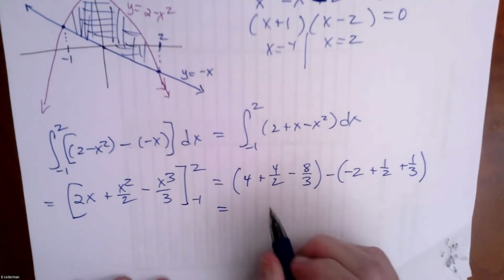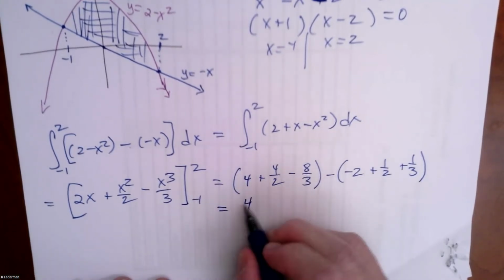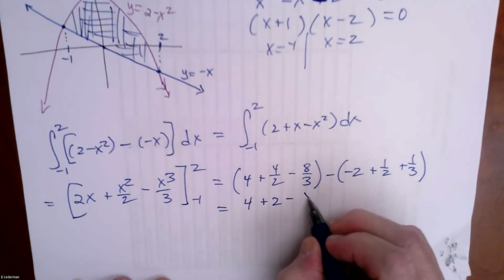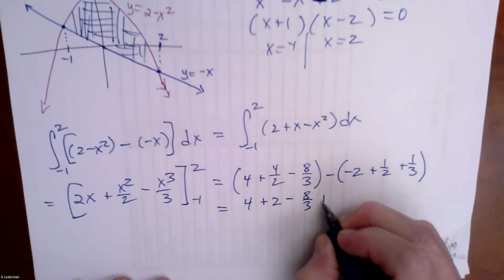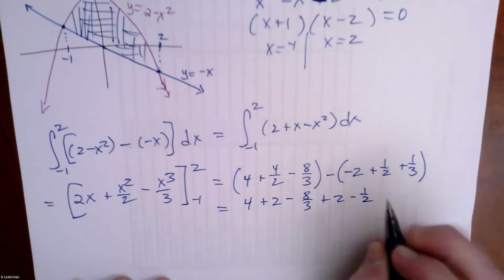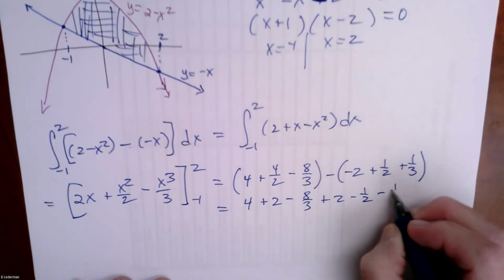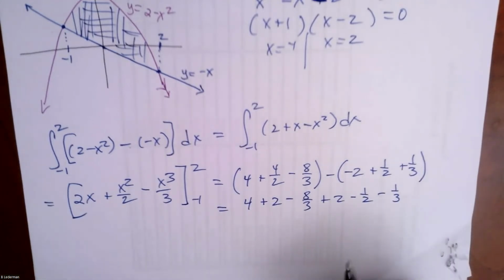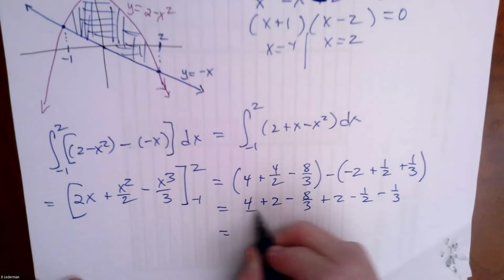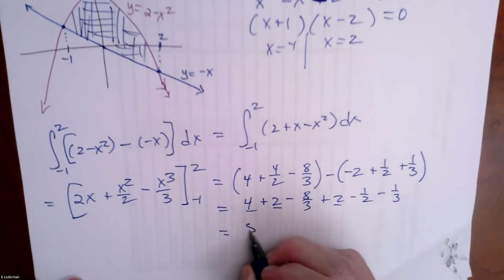This is equal to, let's see, 4 plus 2 minus 8/3 plus 2, because it's a double negative, minus a half, and then minus a third. Oh, the third is going to be nice. So this is going to equal 4 plus 2 plus 2, that's 8.